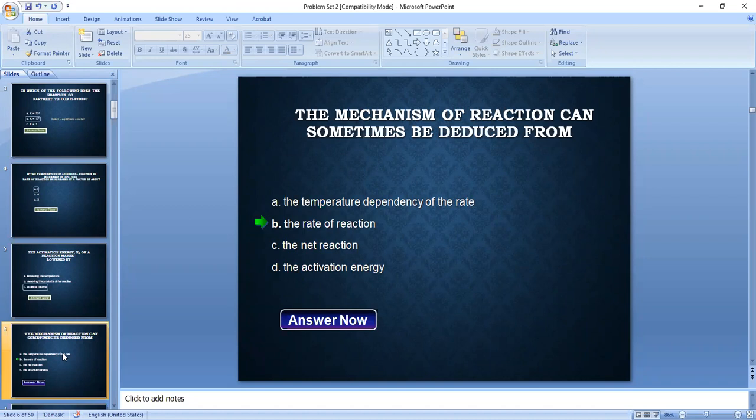From the rate law, we can see what particular reactants would be present in the overall reaction. And as such, we would know what particular reactant should be present in our series of steps, or in the mechanism of reaction that we are going to write. So based on the choices that we have in here, it is the rate of reaction, or the rate law, that will help us find the mechanism of the reaction.